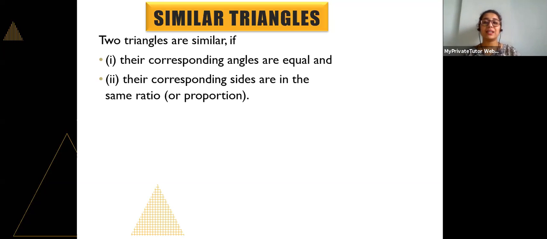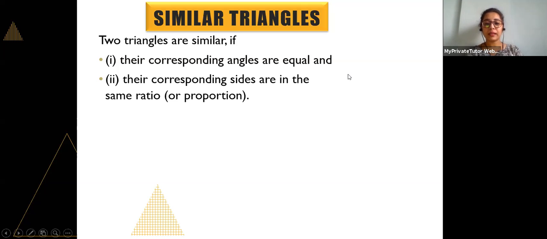Two triangles are similar if their corresponding angles are equal. Same thing we had with polygons, but the difference is that those were polygons and these are triangles. That's it. The first condition is that the triangles have equal angles and their corresponding sides are in the same proportion.